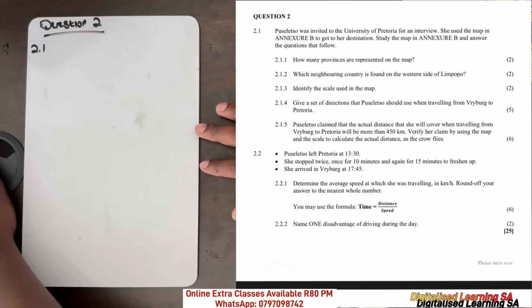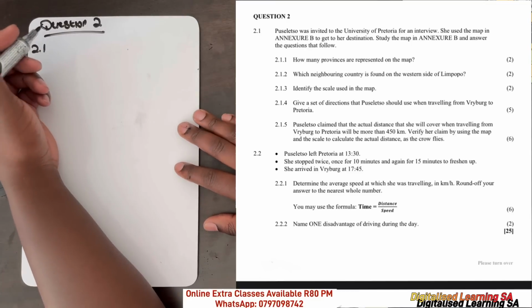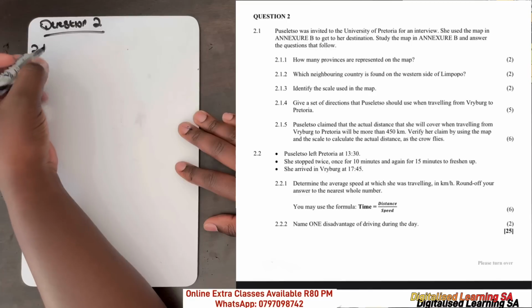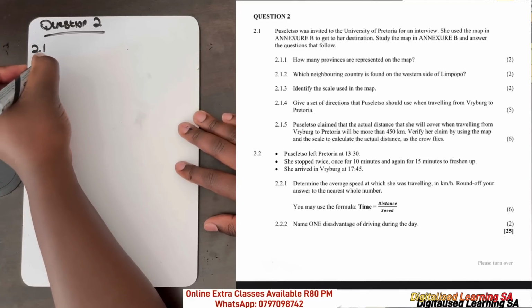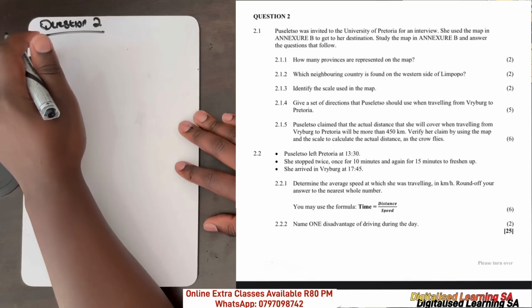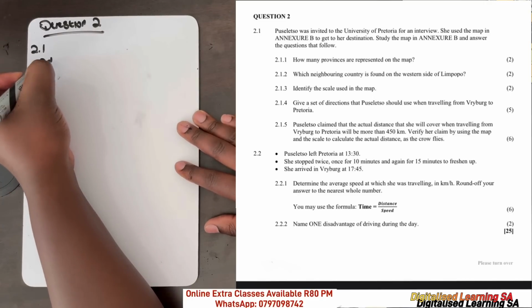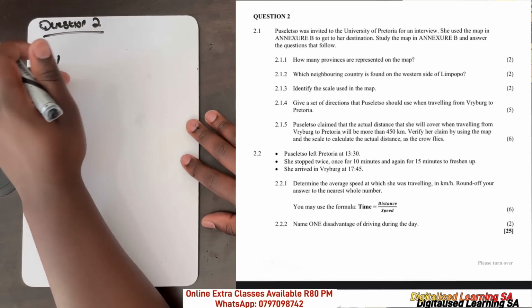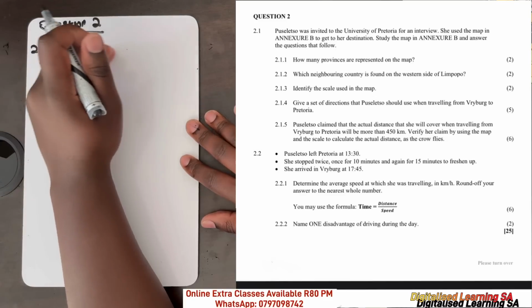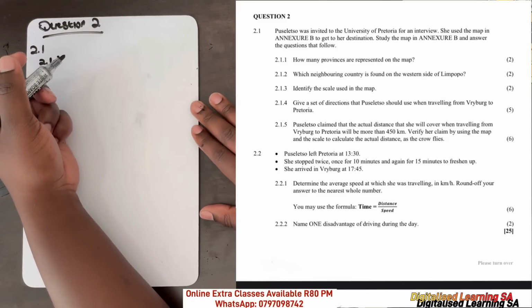So we are given a map in annexure B that we are going to use to answer the following set of questions. I will also attach the map on the right hand side of your screen so that you can follow and see what's going on.